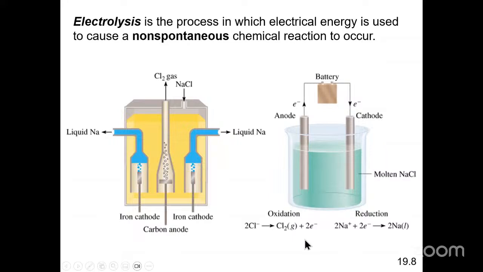So here's an example of such a process. What we're talking about here is the electrolysis of sodium chloride. Sodium chloride, of course, is an ionic compound. And you can electrolyze sodium chloride. By the way, let me just say this first.